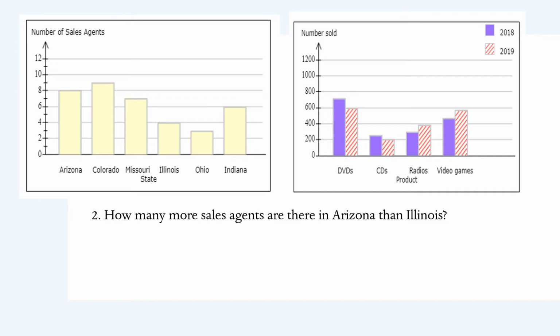Now we're asked, how many more sales agents are there in Arizona than in Illinois? So we need to find the number of sales agents in each of these states. Arizona has 8 sales agents, and Illinois has 4 sales agents. So in order to find how many more there are, we need to find the difference between these.